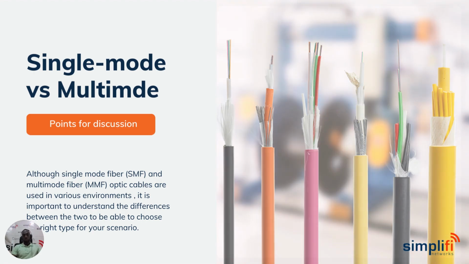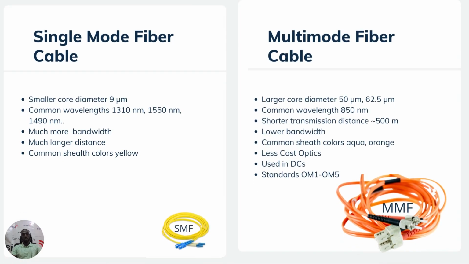Just to describe each briefly, single mode fiber is typically used for long distance, high bandwidth links. If you need a link of any length beyond 800 meters, you're typically going to use single mode fiber.